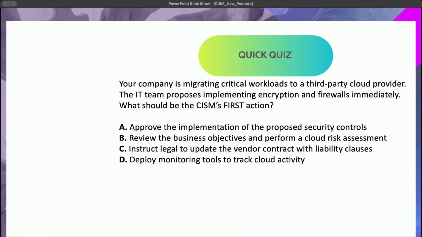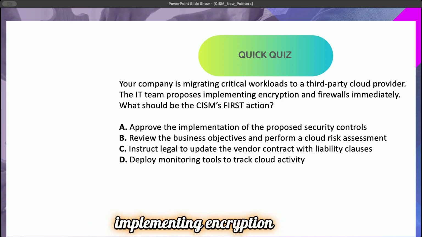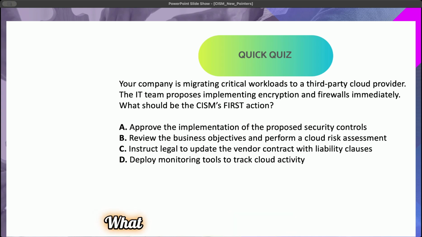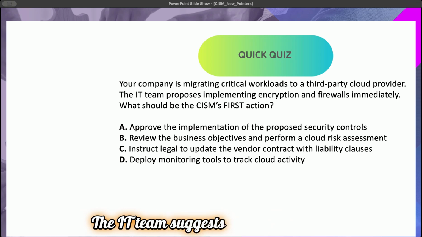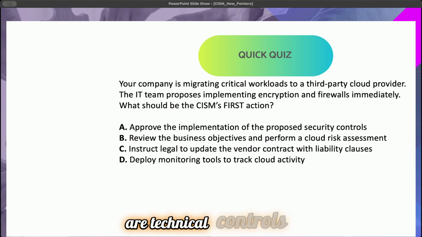Next question. Your company is migrating critical workloads to a third party cloud provider. The IT team proposes implementing encryption and firewall immediately. What should be the CISM's first action? Now, in this scenario, your company is migrating critical workloads to a third party cloud provider. The IT team suggests immediate implementation of encryption and firewall, which are technical controls.